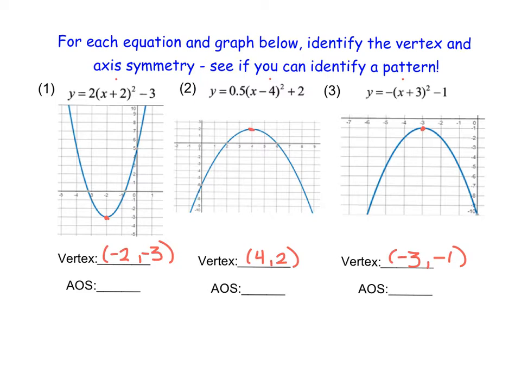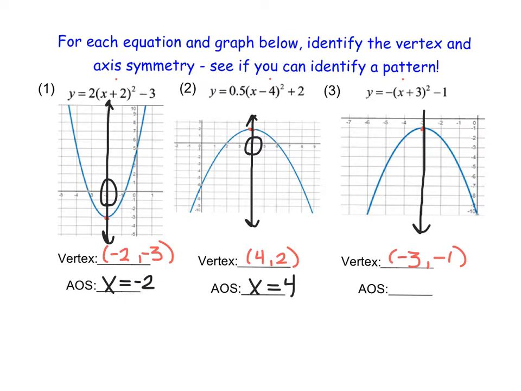And if I look carefully here, I notice that there's a vertical line I can draw here at x is -2. So my axis of symmetry is x equals -2. Here, my axis of symmetry is right here at 4. So I have x is equal to 4. And then here I notice, if I look right here, I have where x is equal to -3.